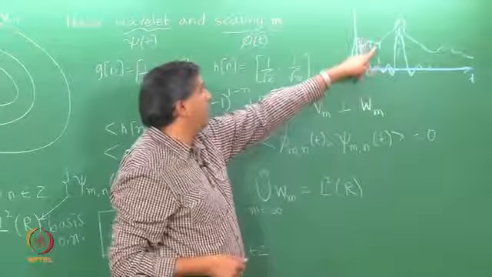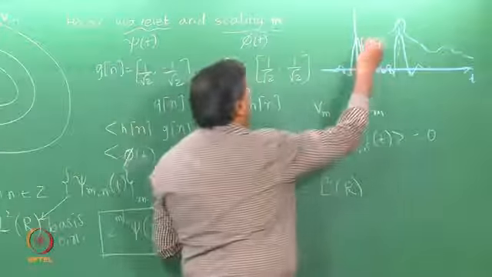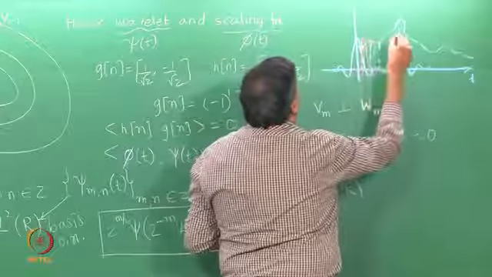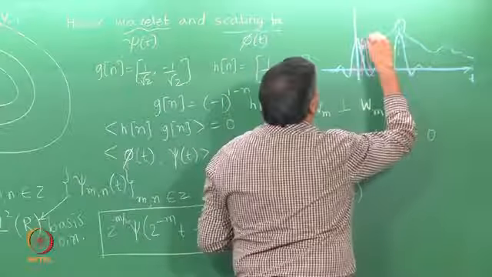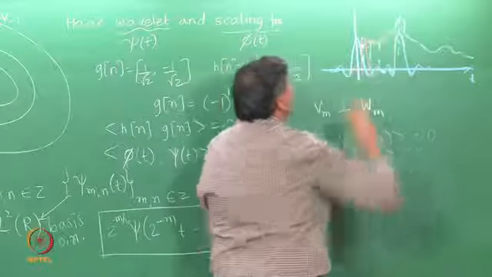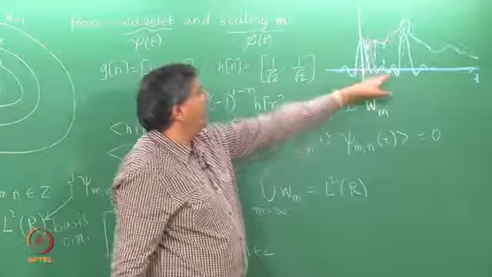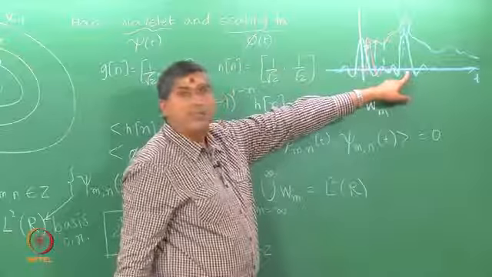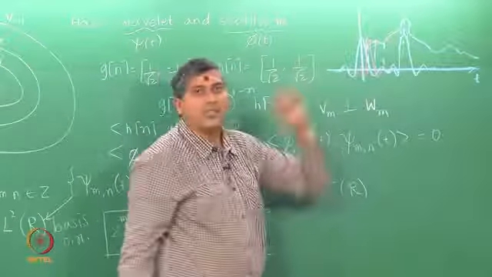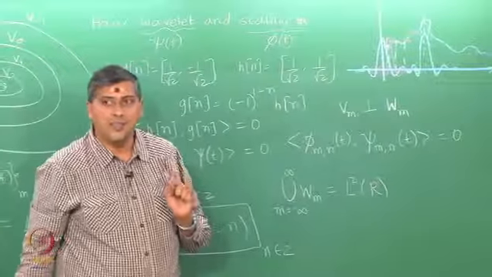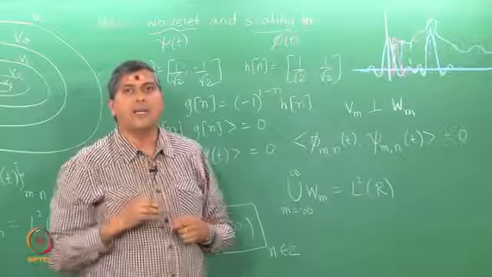If there was a feature somewhere here in the signal, and at a later time the same feature appeared here, because you have taken this step in classical DWT, you would miss capturing this shift, and that is the main problem with the classical DWT.